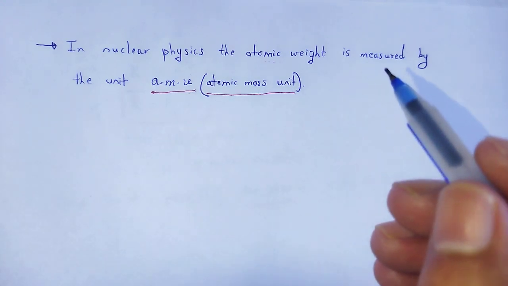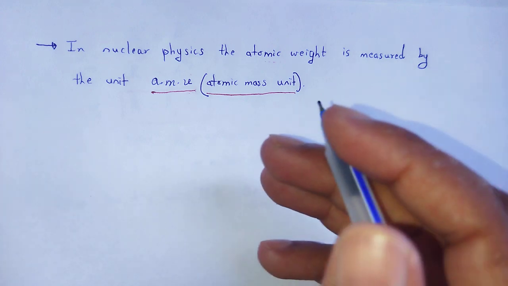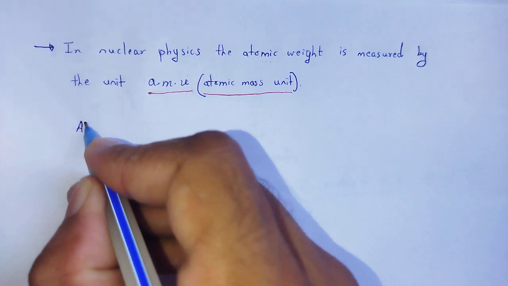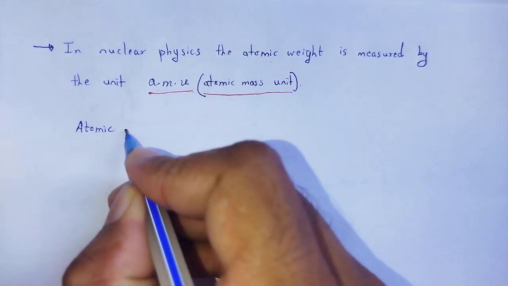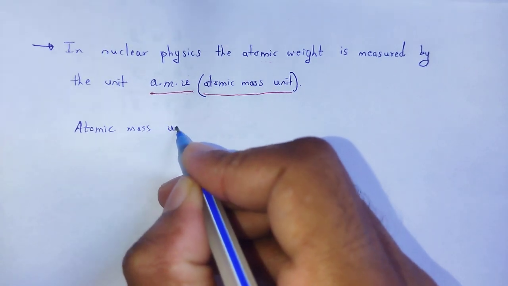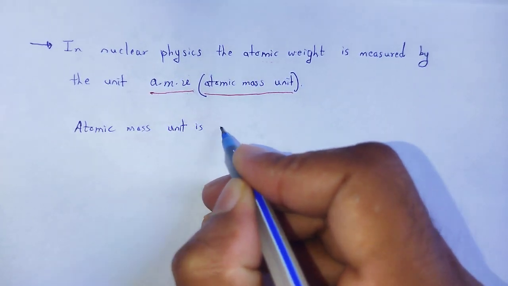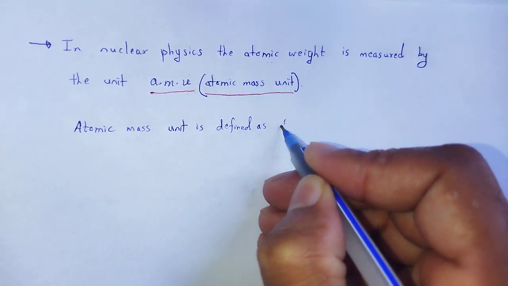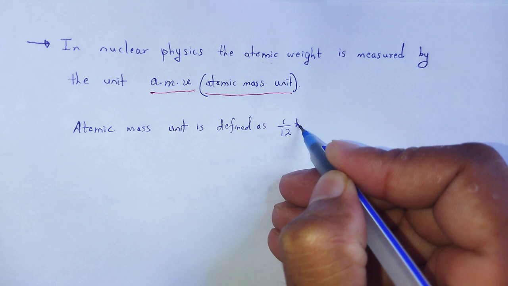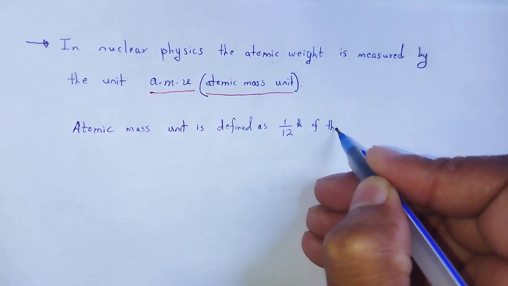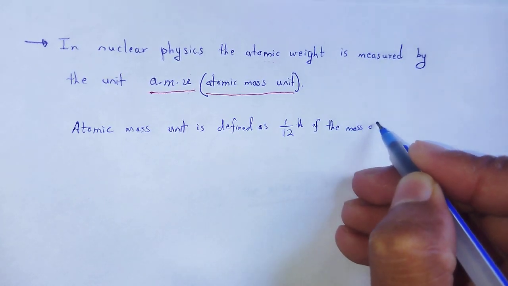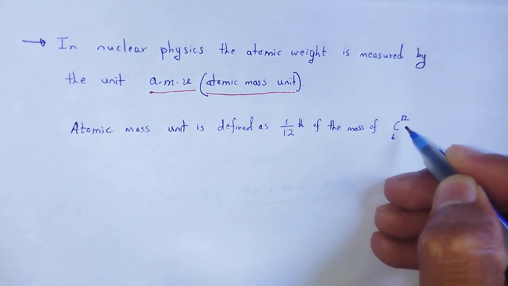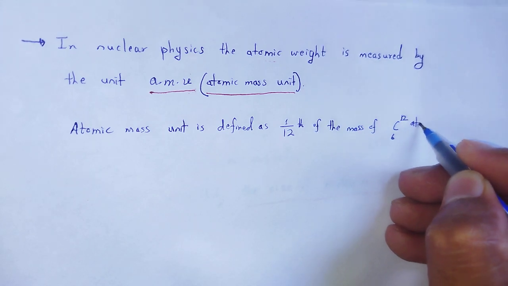We define 1 AMU, atomic mass unit, as 1 by 12th of the mass of carbon atom, 6 carbon 12 atom.